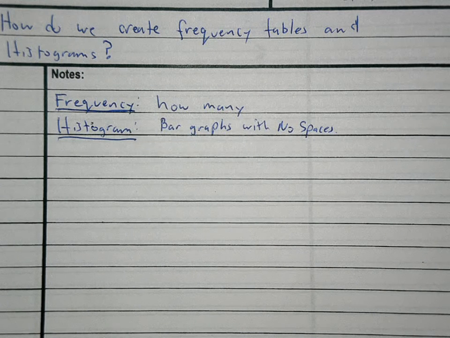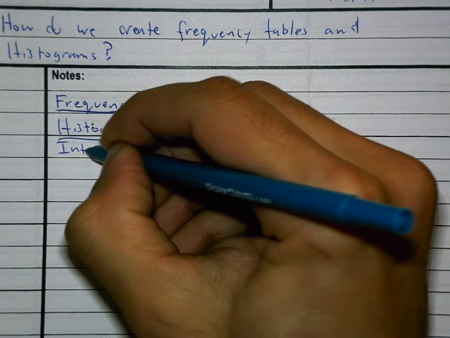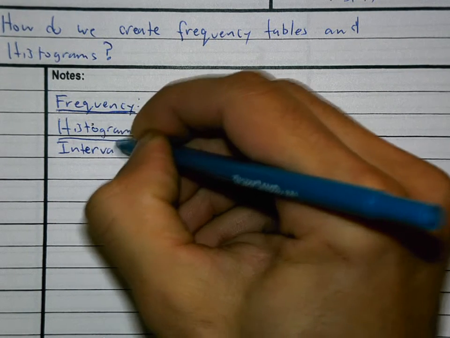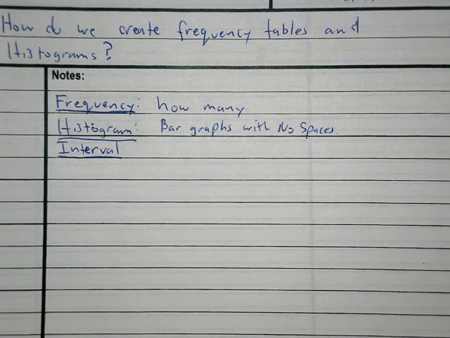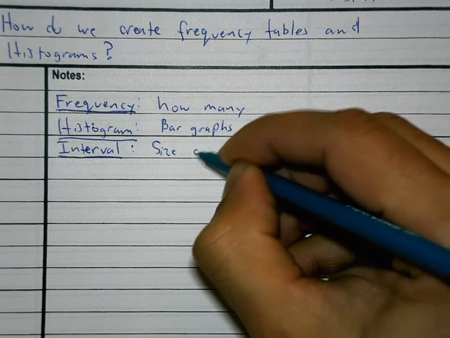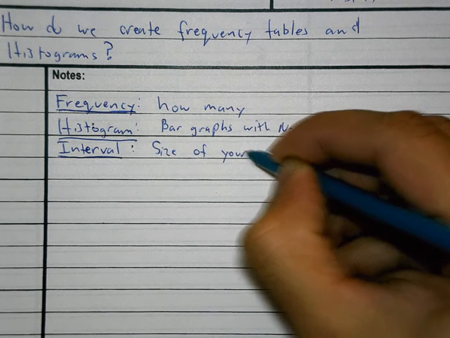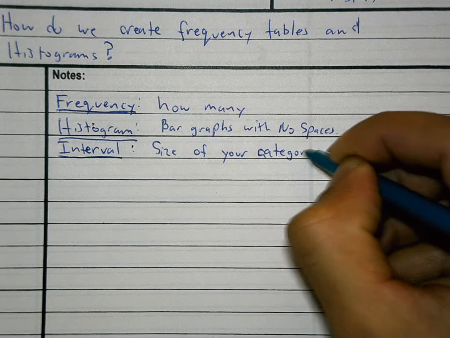The last word that we're going to define is interval. That I'll be using quite often. Interval is the size of your categories.